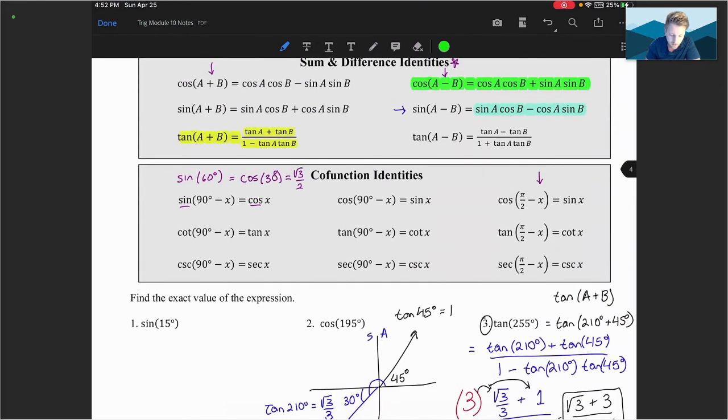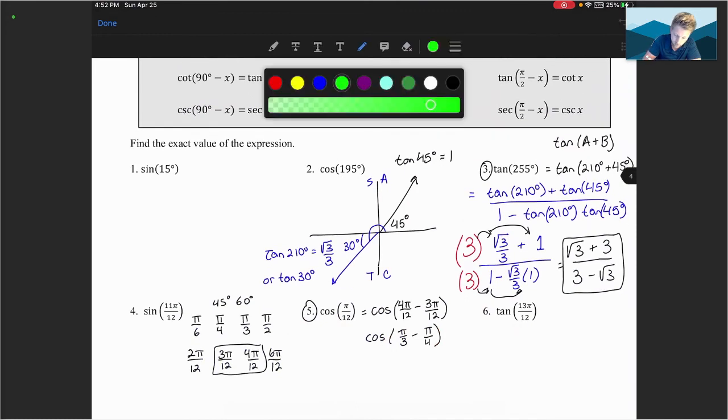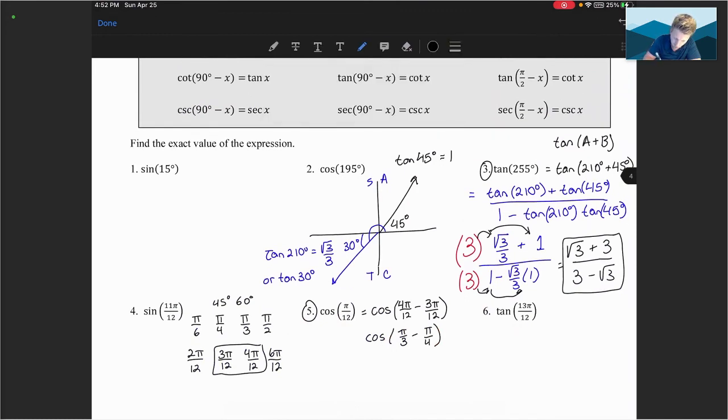Cosine A, cosine B is first. So we'll have cosine A, cosine B, and then plus sine A, and the sine is pi over 3, and sine B, pi over 4.